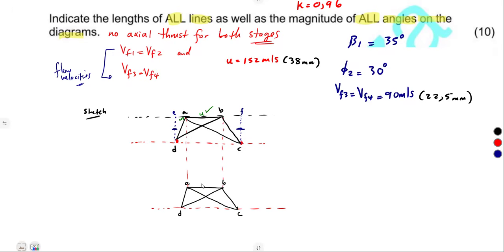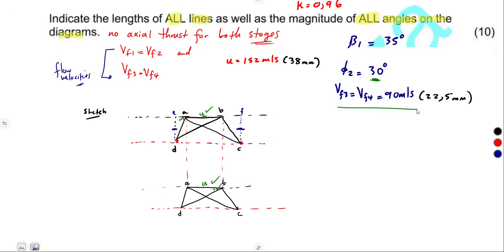All right, so this is the second diagram. I want us to see something. We know that we have this U, the same as before. And we have this from our second moving blade, the exit, the angle phi at the exit here.